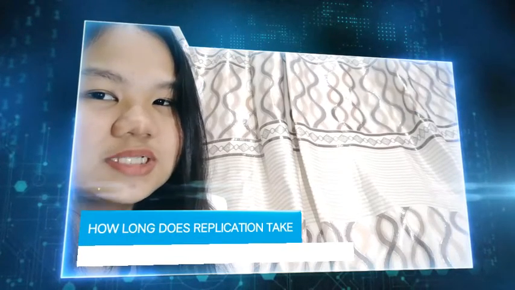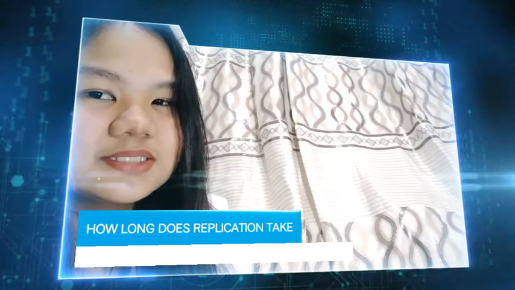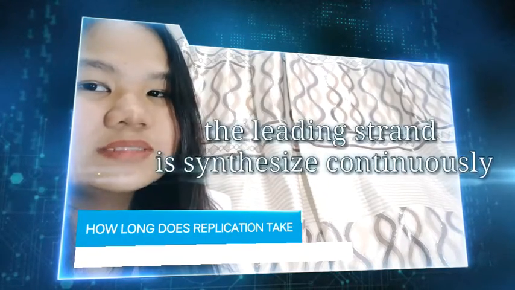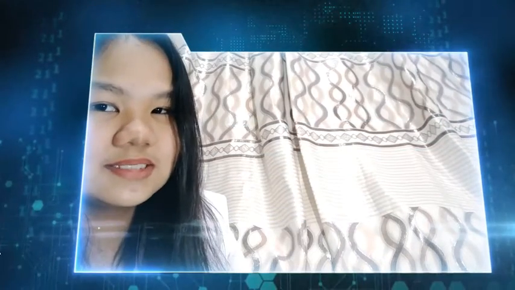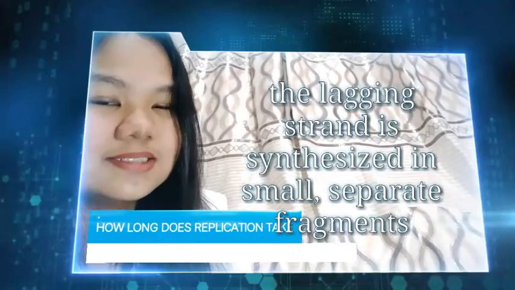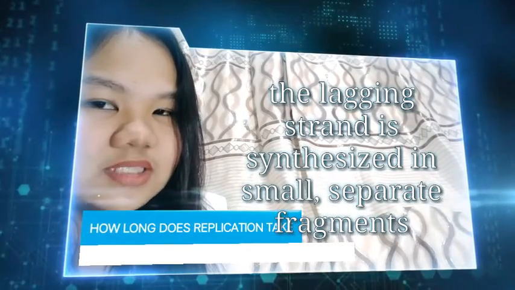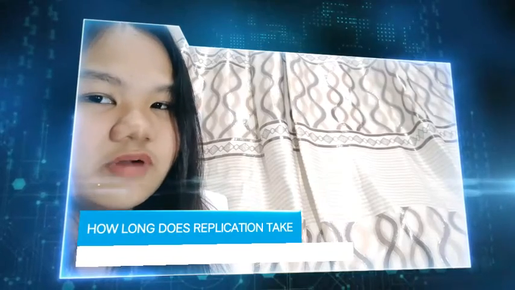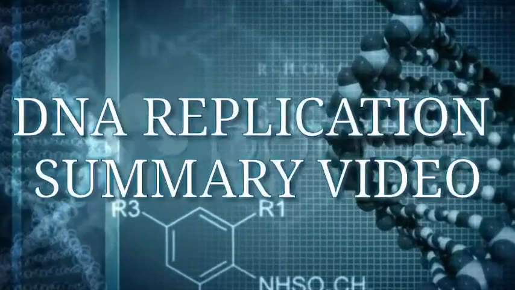One of these strands is called the leading strand, whereas the other is called the lagging strand. The leading strand is synthesized continuously. In contrast, the lagging strand is synthesized in small separate fragments that are eventually joined together to form a complete newly copied strand.